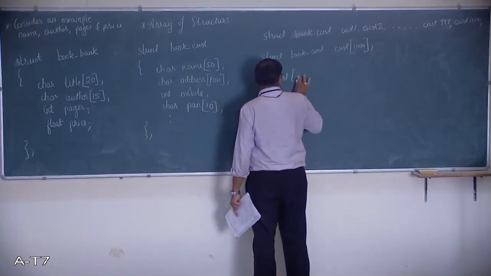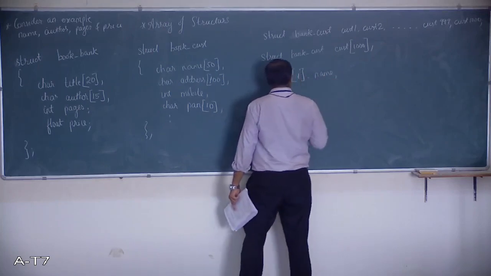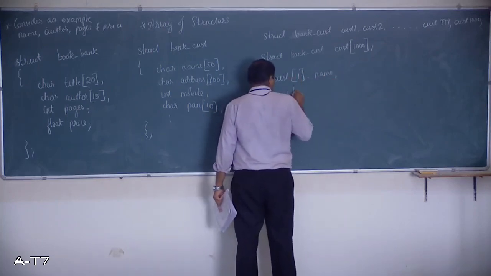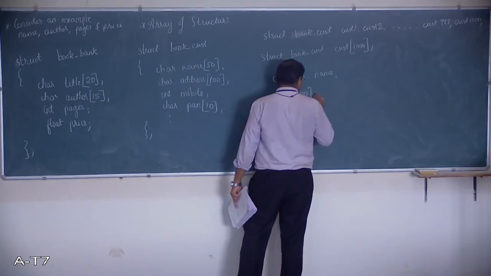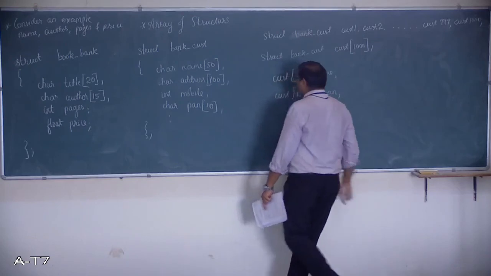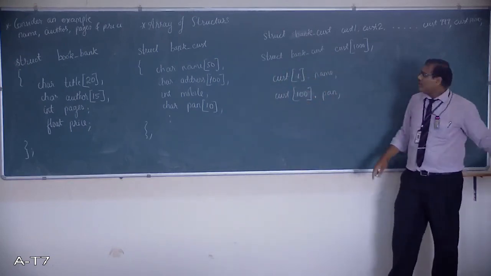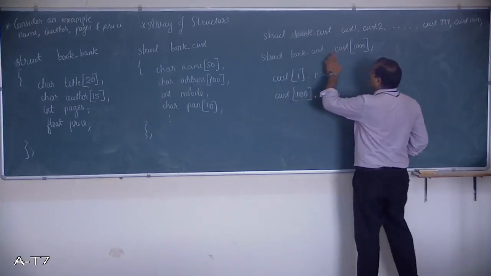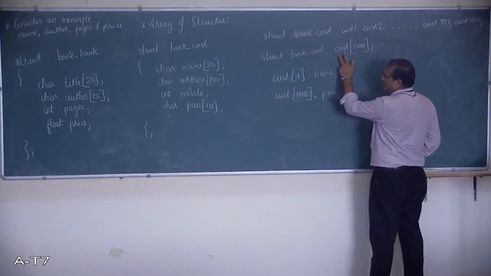cust of 1 dot name, cust of 1000 or 100 dot PAN and so on. So this is an array of a structure called bank customer, which has a variable name called cust.